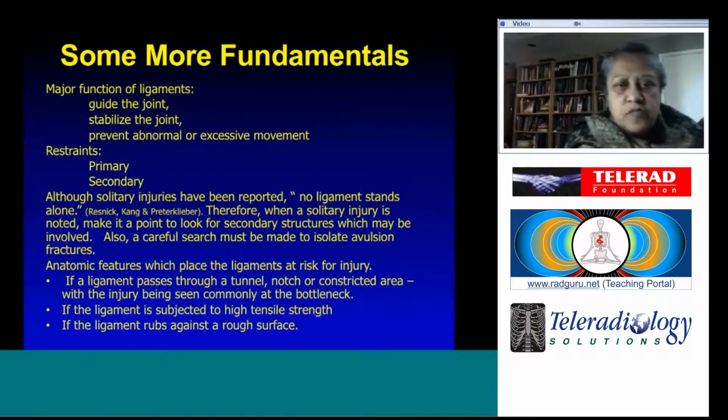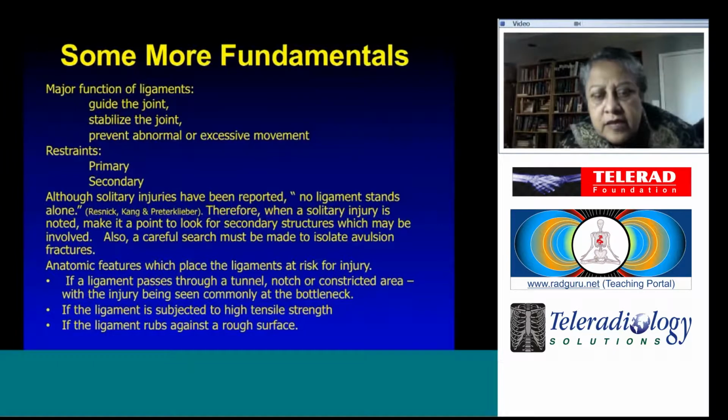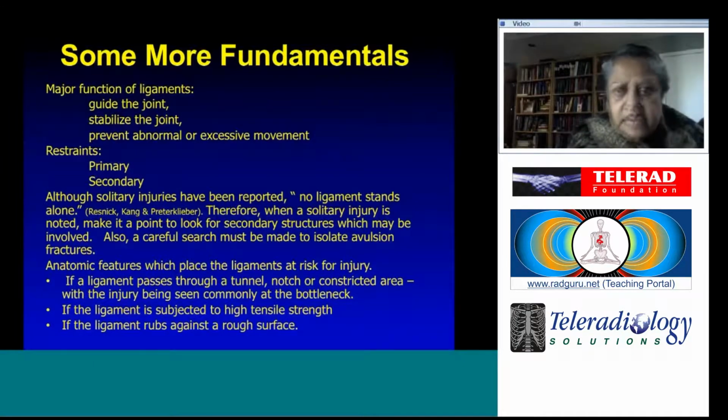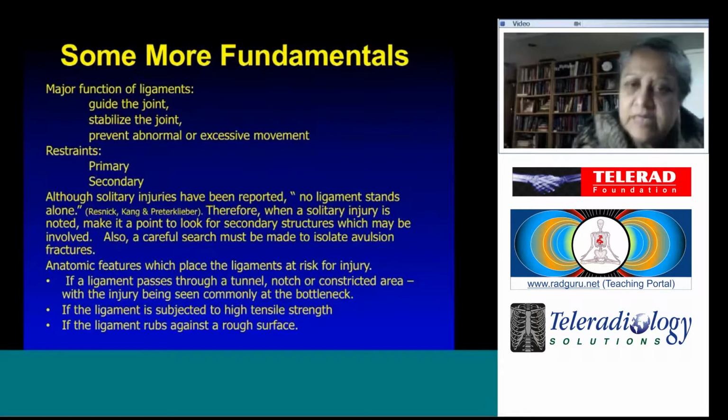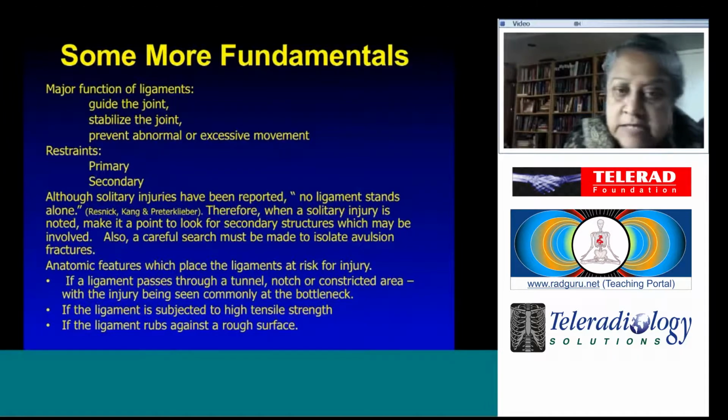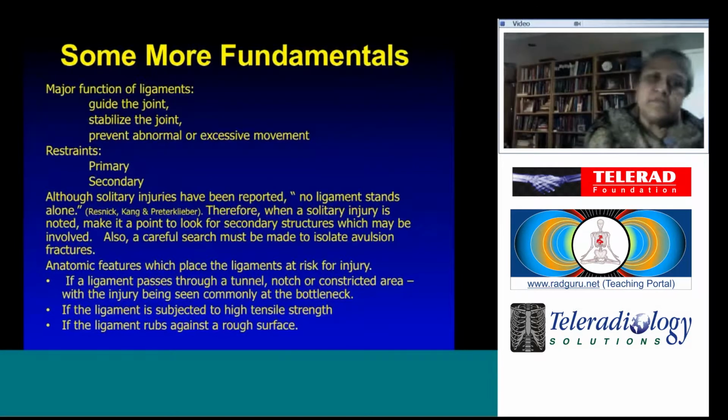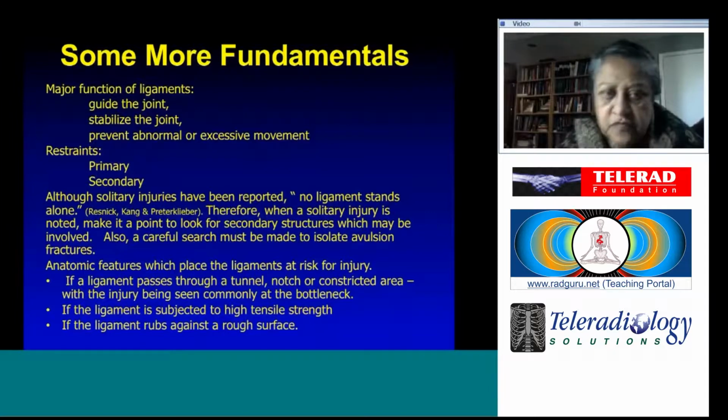Restraints to movement are primary or secondary. The primary ones are where the ligament in question is responsible for preventing abnormal or excessive movement. The secondary restraints are the ones that associatedly help the primary restraint. So when the primary is injured or gone, then the secondary comes into play and provides some degree of protection for the joint.